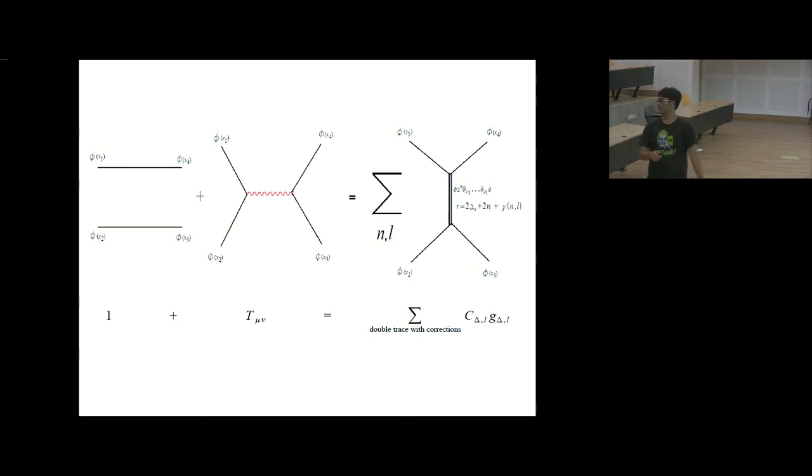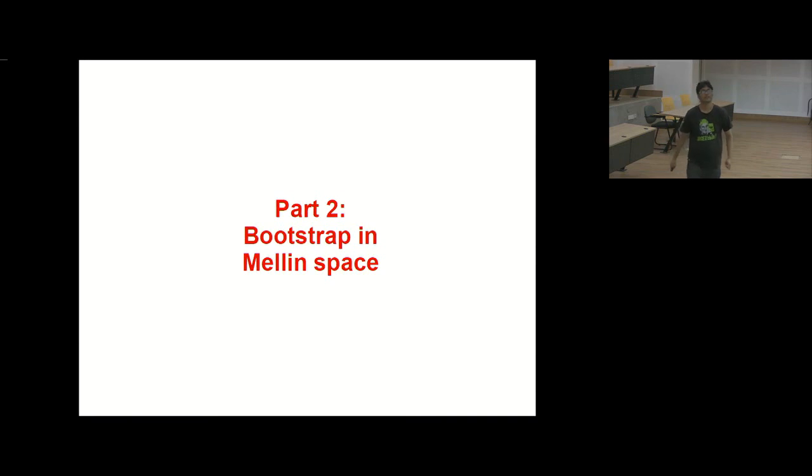And that's why all other operators are actually more subleading at large spin and in the Lightcone limit. But for weakly coupled theories, they do come in, and I really will have to sum over many operators here to match things.